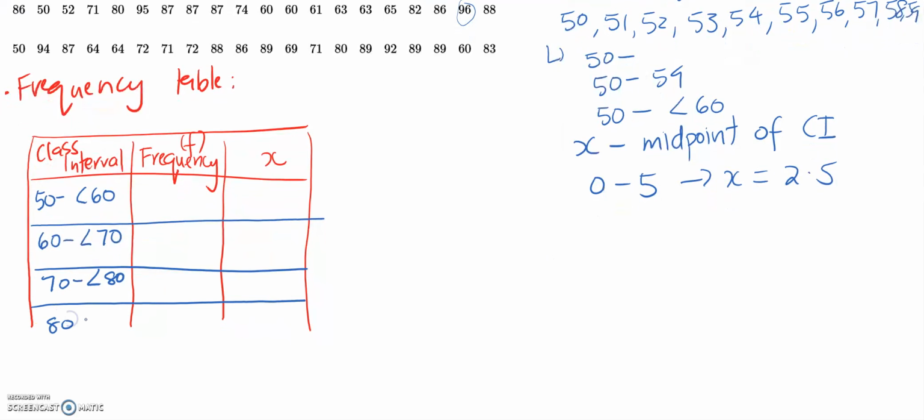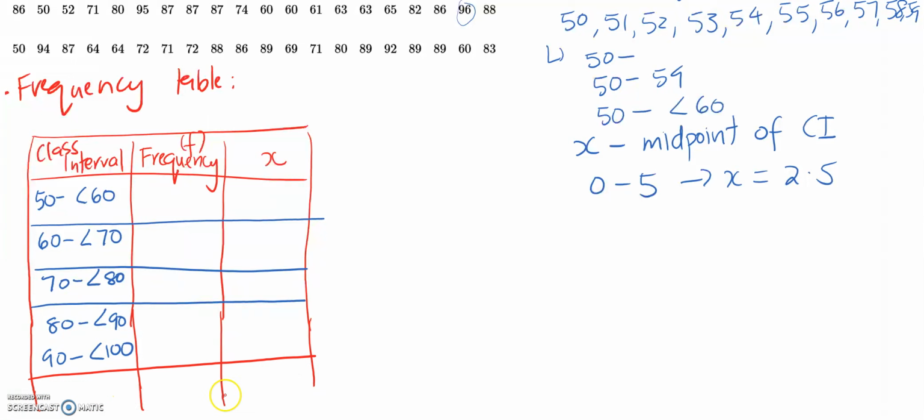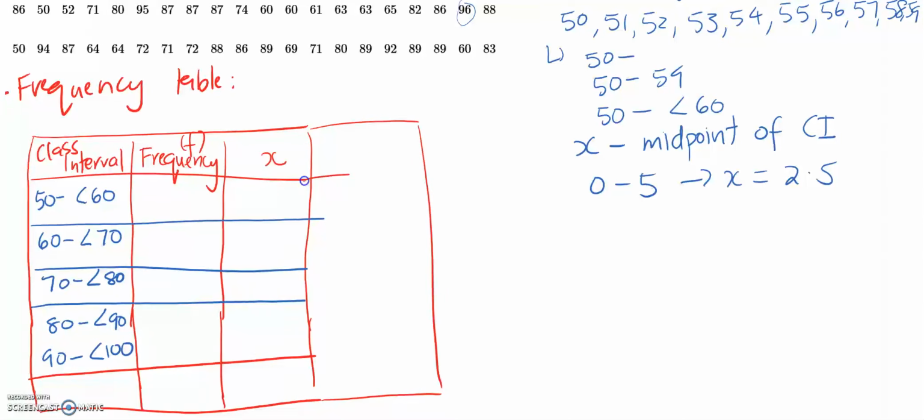We have 80 to less than 90, and then 90 to less than 100. So I just extend that. And then we'll have another column at the end, and I'll explain to you in a while why we have that other column as well.